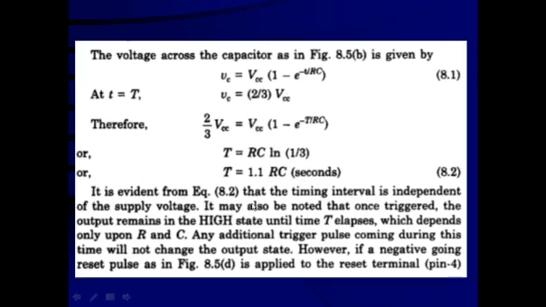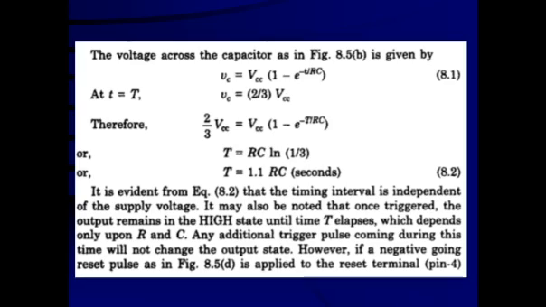It may also be noted that once triggered, the output remains in the high state until the time T elapses, which depends only upon the values of R and C. Any additional trigger pulse coming during this time will not change the output stage. That means it is immune to any other trigger when it is already in the unstable state.